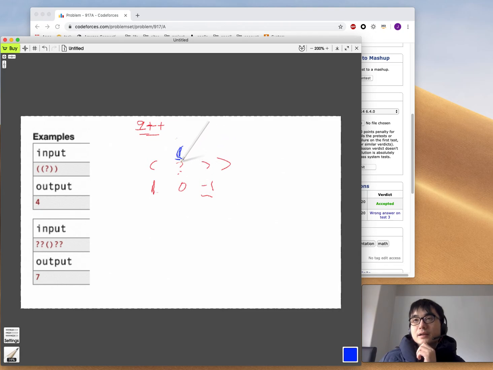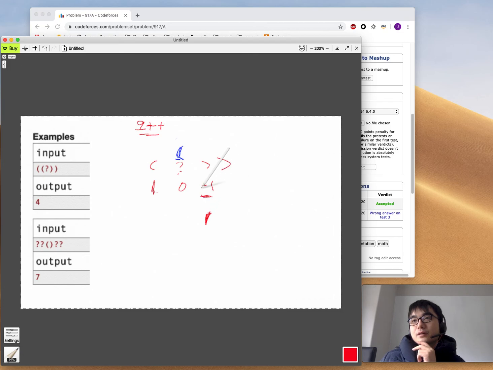Because not only we remove a right parenthesis, we add a new left parenthesis. That is 2, right? So we need to increase the current left parenthesis counter by 2. So that is 1 now, right? So at this point we can still have 1 left parenthesis.